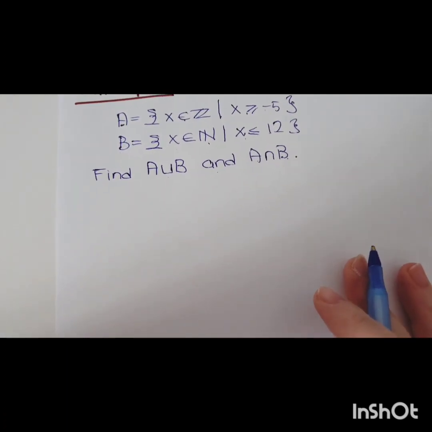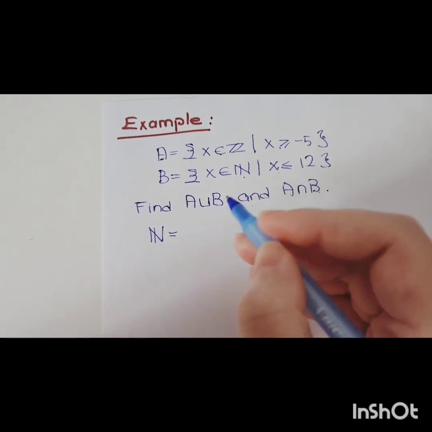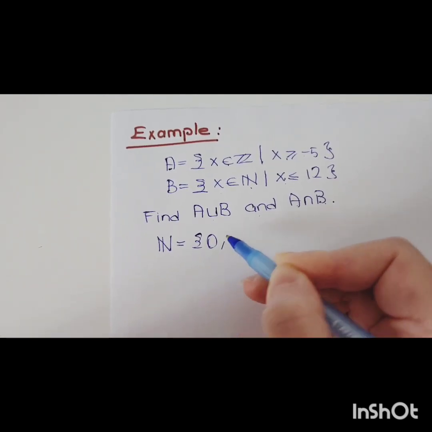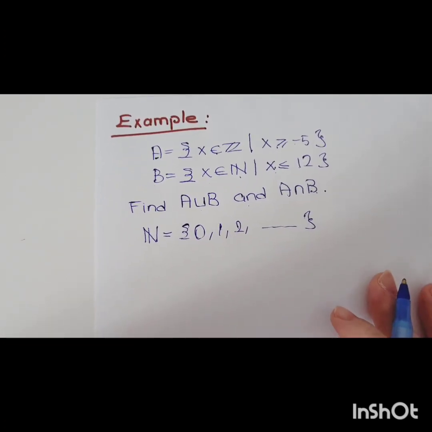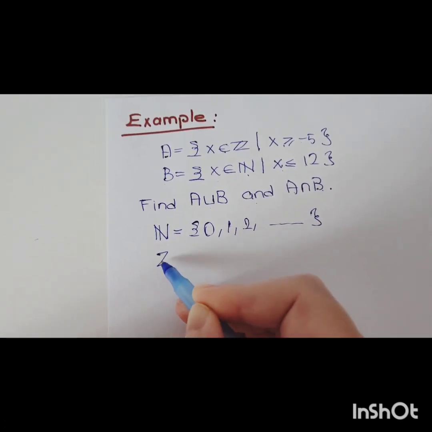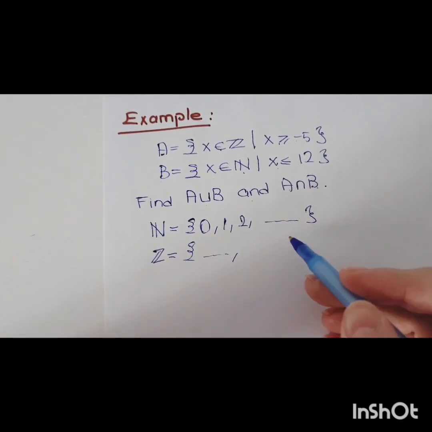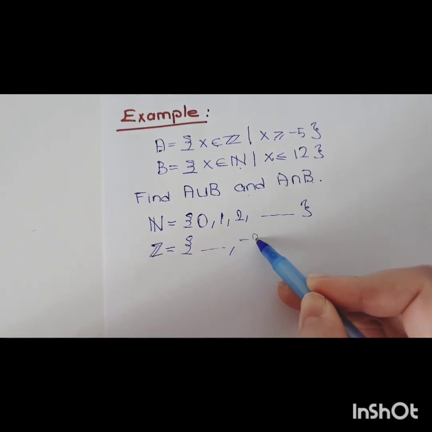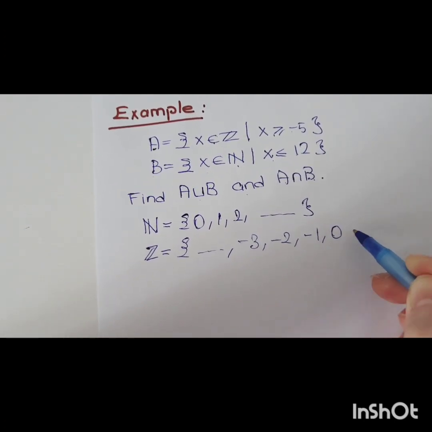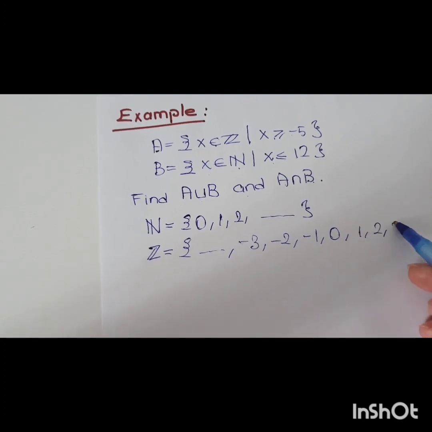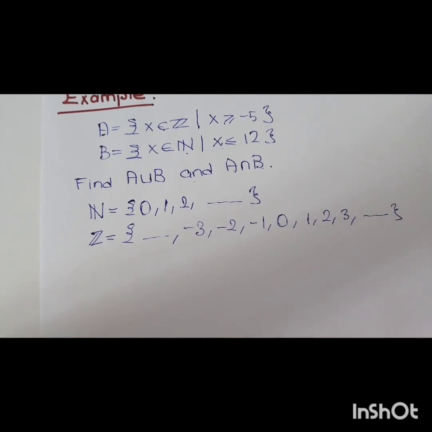Let's begin by remembering what the set of natural numbers is. It begins with 0 and continues to infinity. What is the set of integers? It comes from negative infinity, contains all the negative numbers, 0, and positive numbers, and stretches into positive infinity.